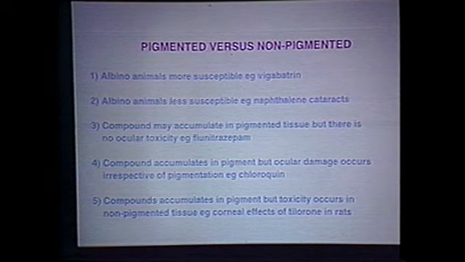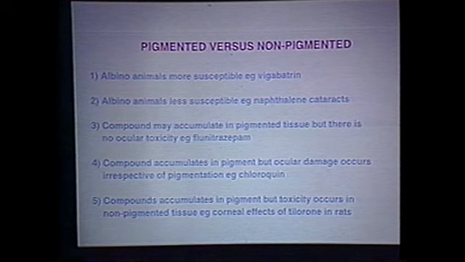The compound, on the other hand, may accumulate in pigmented tissue, but there may not be any ocular toxicity. Alternatively, a compound may accumulate in pigment, but the ocular damage can occur irrespective of that pigmentation. In other words, it doesn't matter whether it accumulates in the pigment or not, damage still occurs. Chloroquine is an example of that.